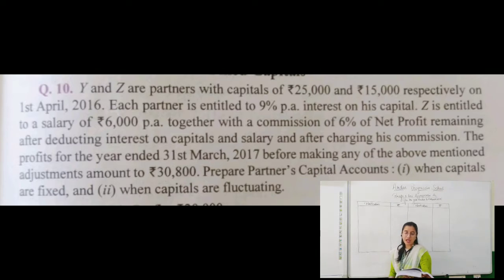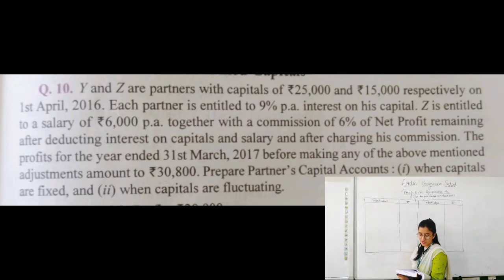The fluctuating capital method we have already discussed in the previous class. Today we will be solving only the fixed capital method. According to the question, Y and Z are partners. Y has brought 25,000 as capital and Z has brought 15,000 as capital on 1st April 2016. The interest on capital to be charged is 9% per annum.